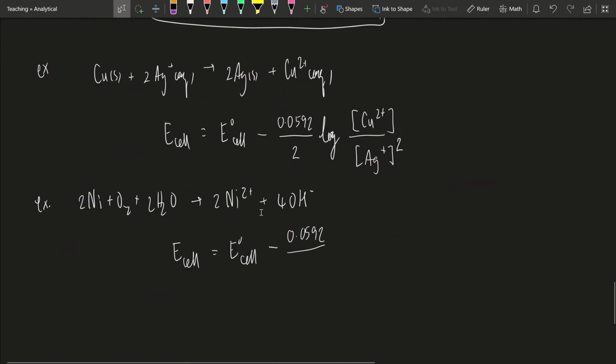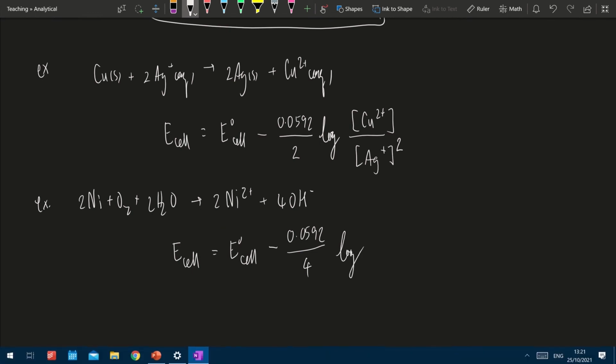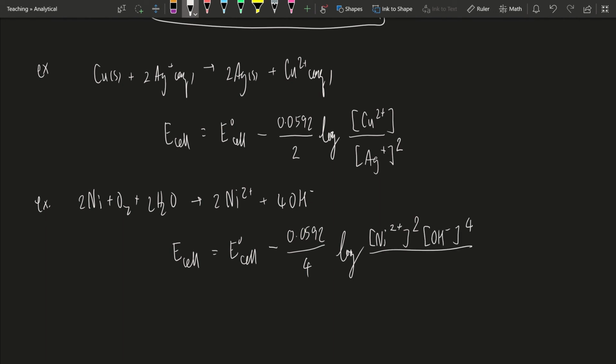So you put 4 here, and then log base 10 of nickel to the 2 and hydroxide to the 4 over nickel. We don't include oxygen, but oxygen is a gas, so we may want to put something like the pressure of the oxygen gas. And water, of course, we don't include. So this is the Nernst equation of this reaction.